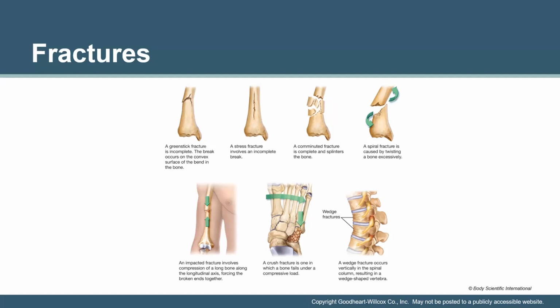A greenstick fracture, or incomplete fracture, is more common in children than adults. A greenstick fracture is caused when a bone bends or twists but doesn't break all the way. A stress fracture is a tiny painful crack that results from overuse or some kind of odd force applied to the bone.